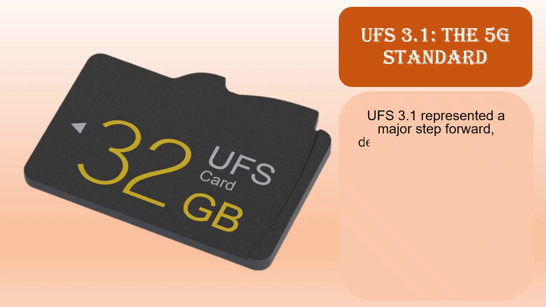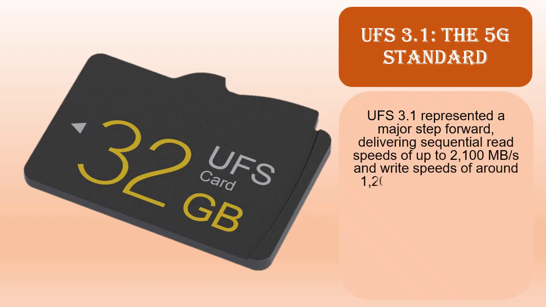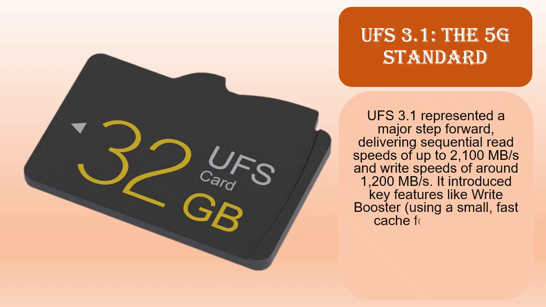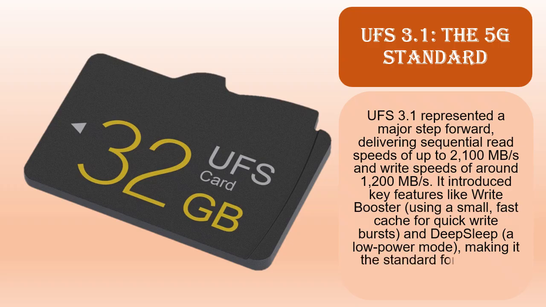UFS 3.1 represented a major step forward, delivering sequential read speeds of up to 2100 MB per second and write speeds of around 1200 MB per second. It introduced key features like write booster, using a small, fast cache for quick write bursts, and deep sleep, a low-power mode, making it the standard for early 5G flagship phones.